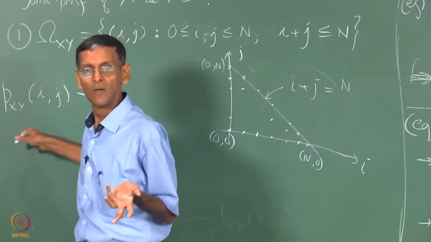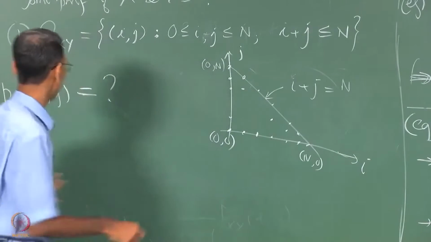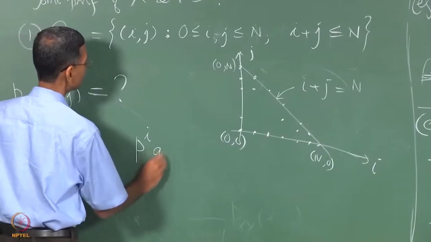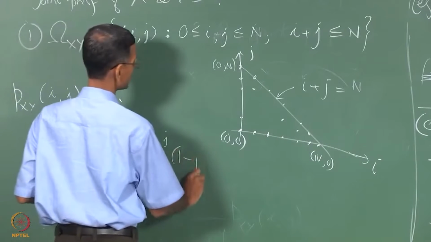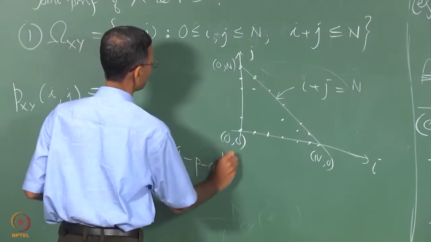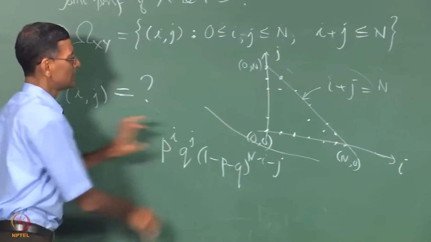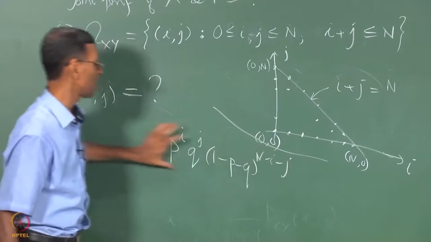So what do we have here? This is going to have this term p to the power of i, q to the power of j, (1 minus p minus q) to the power of n minus i minus j. That is going to be a term, right. What is this a probability of?